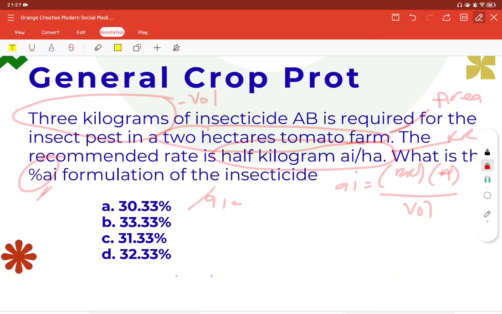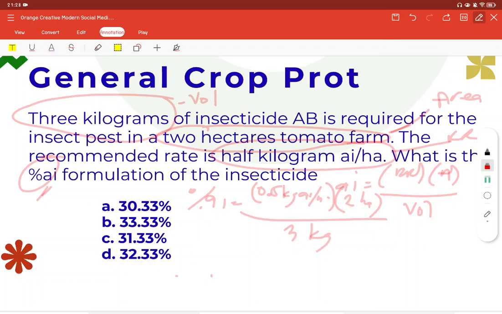Percent AI is equal to RR, which is 0.5 kilogram AI per hectare, multiplied by area, which is 2 hectares, divided by volume, which is 3 kilograms.